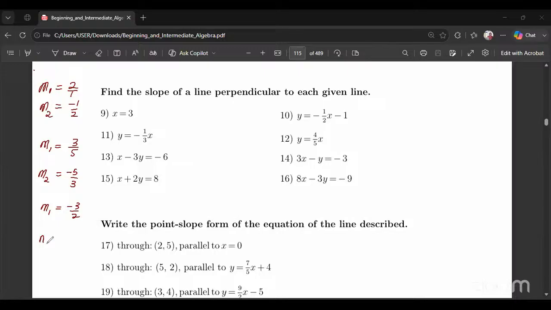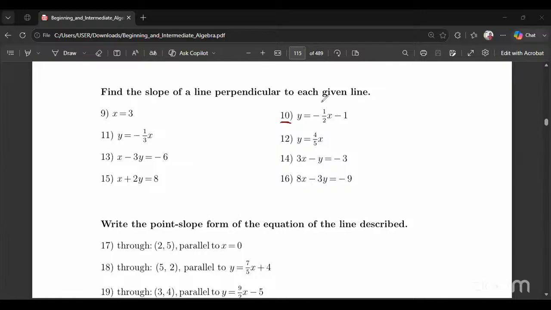So for the slope of the other line perpendicular to this one, first of all you invert it, you get 2/3. And now when you put a negative to this negative, that becomes positive 2/3. So you see how easy it is to get the slope of the other line that's perpendicular to a given line. So with that understanding, let's solve question 10 first.